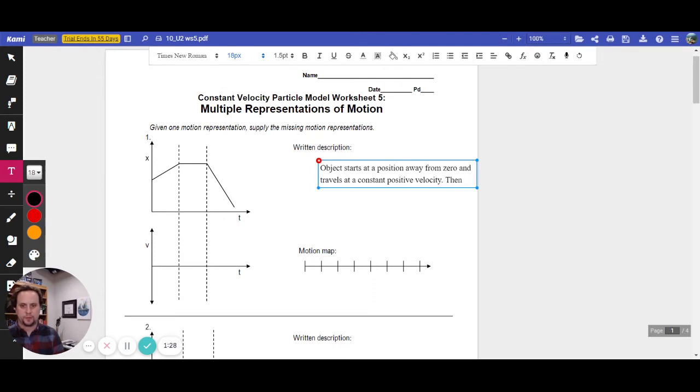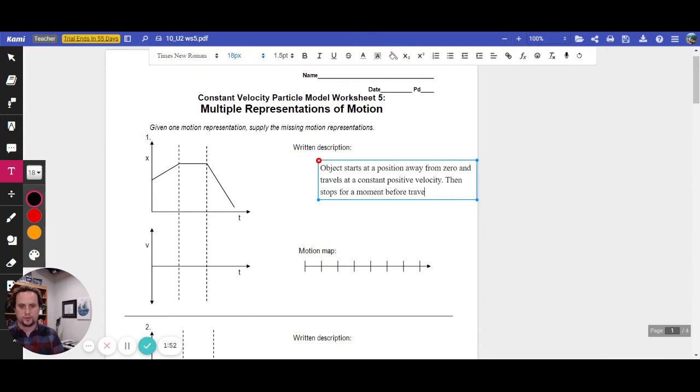All right, and then this next section, this middle section, it stops. Then stops for a moment, I'll say. I don't really know how long. And I'm going to say before turning around, or I'll just say it turns around.